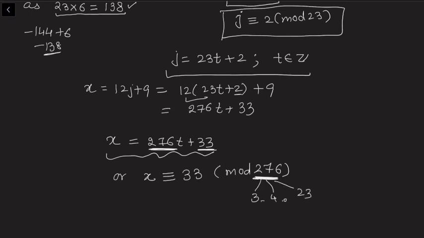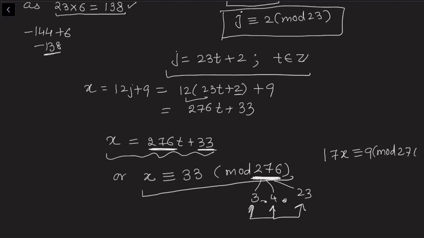So when you substitute the solution of one congruence into the second, and then calculate what x is, and then repeat the process for the next congruence, knowing that they are relatively prime, we can bring back the modular integer 276. So x equal to 33 modulo 276 is the solution for our original congruence, that is 17x congruent to 9 modulo 276. So the solution of this congruence is provided here.